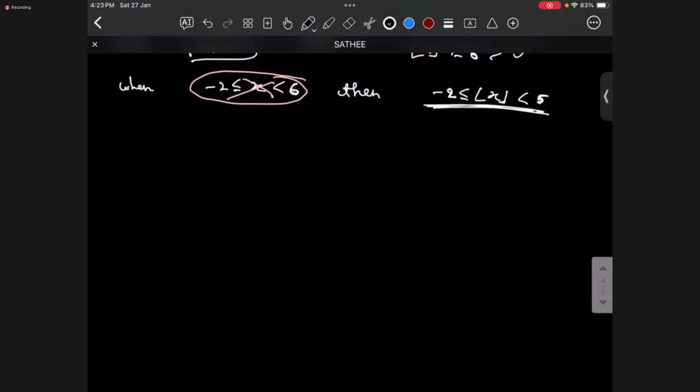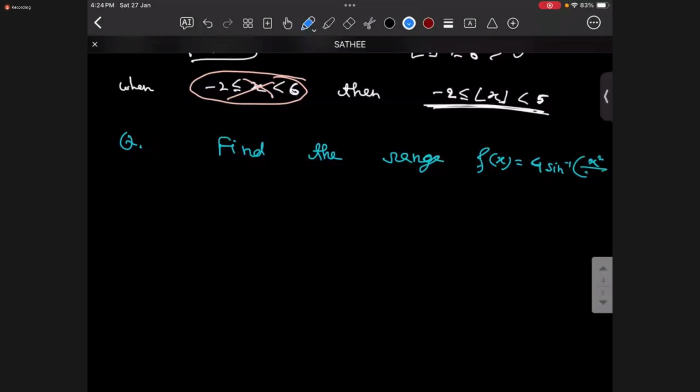Next question. Here they are asking to find the range of the function f(x) equals 4 sine inverse of x square by x square plus 1.